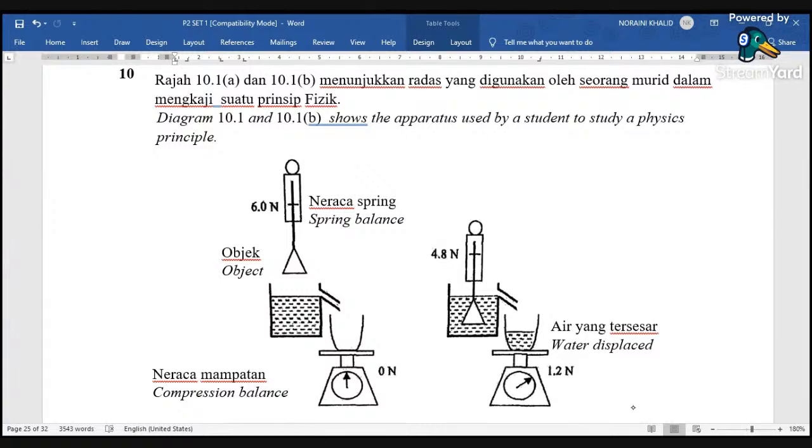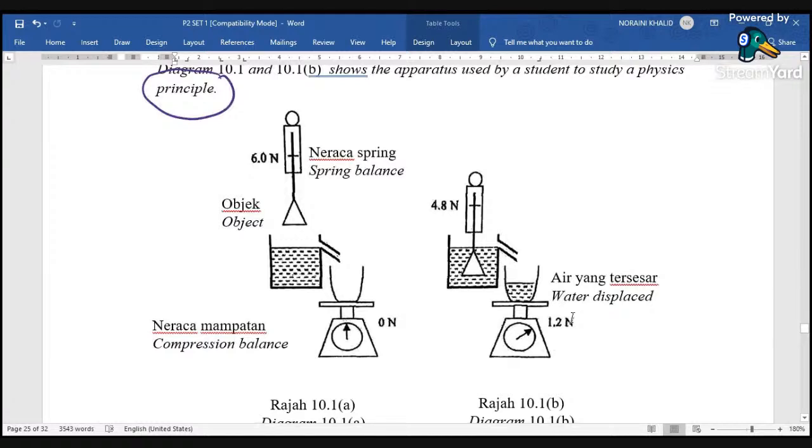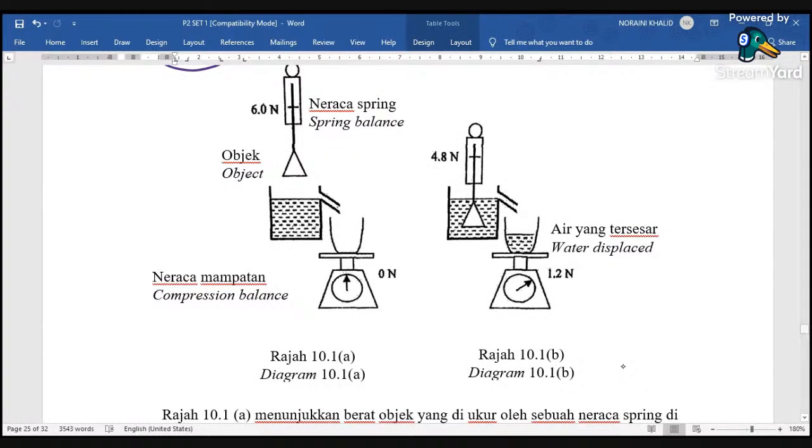Number 10, apparatus used by students to study a physics principle. You can look at the diagram here. You can see there's water displaced, and the object immersed in liquid. So I think you can guess it's Archimedes principle.